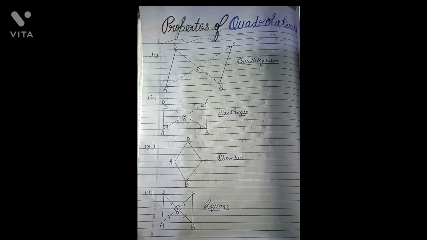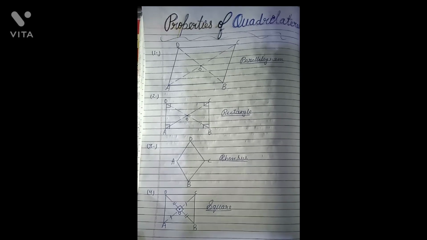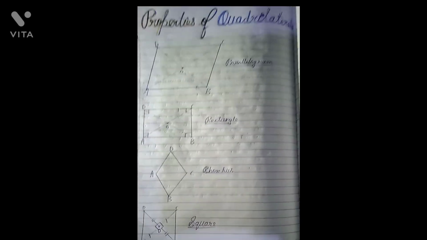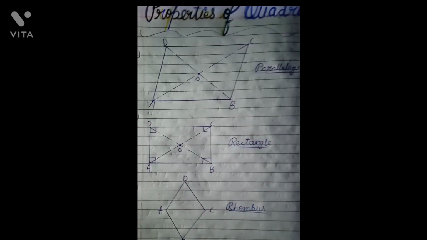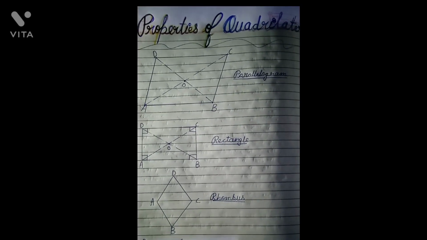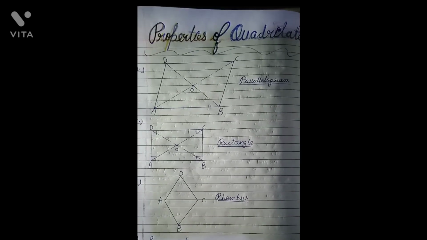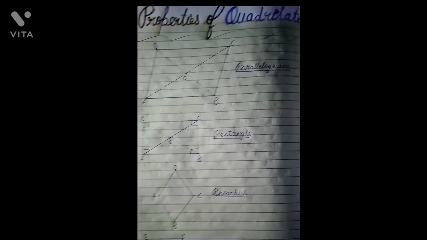Now we are beginning with the definition of a parallelogram and its properties. A parallelogram is also a quadrilateral, which has four line segments, four vertices and four angles. It is a type of quadrilateral.